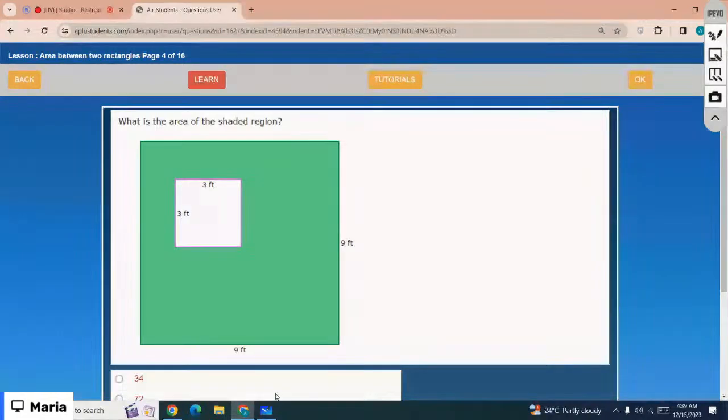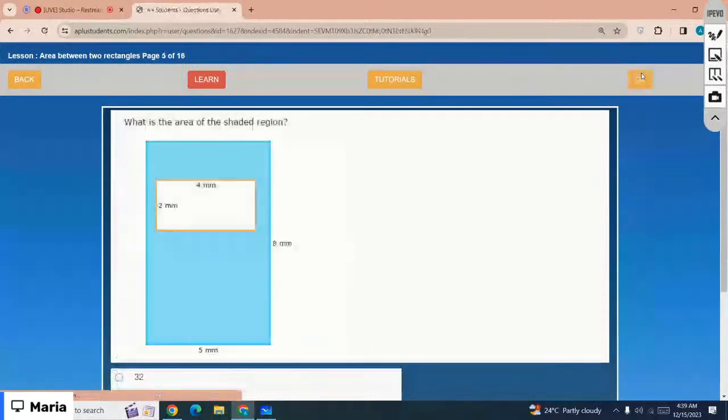The correct option is 72. Very good. What is the area of the shaded region? The correct option is, yes, very good. That is 32, right?